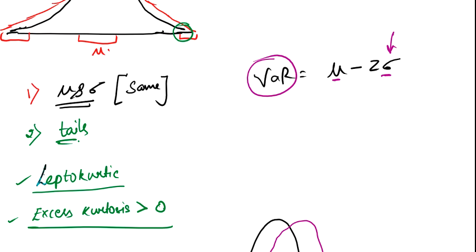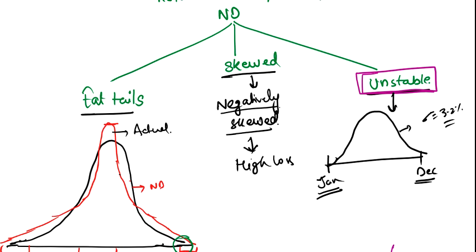So we should not use normal distribution because it is assuming that you have a constant mean and a constant standard deviation. Clear?